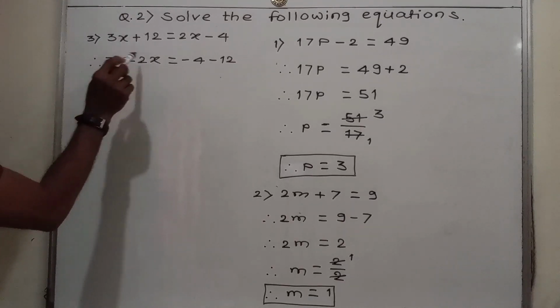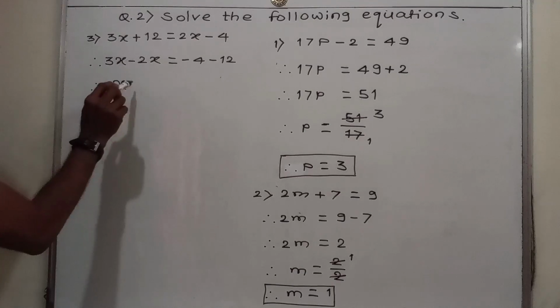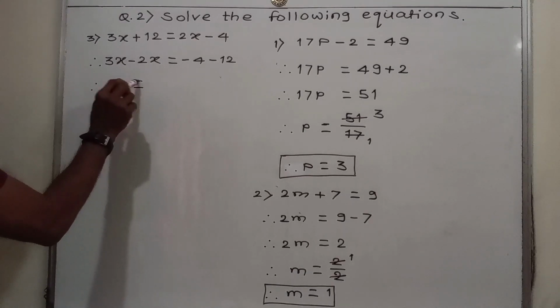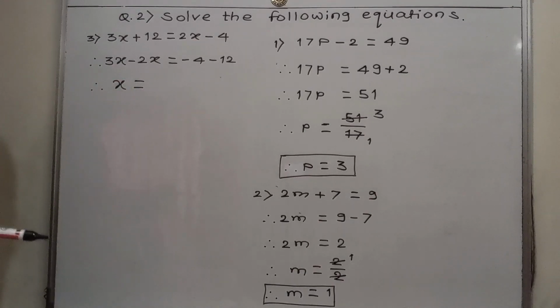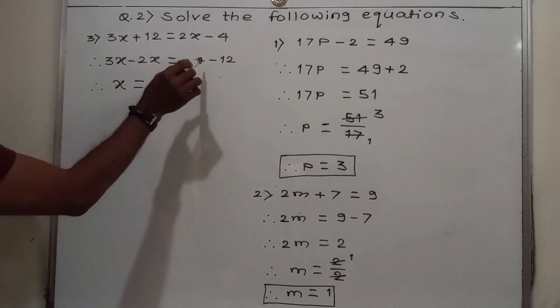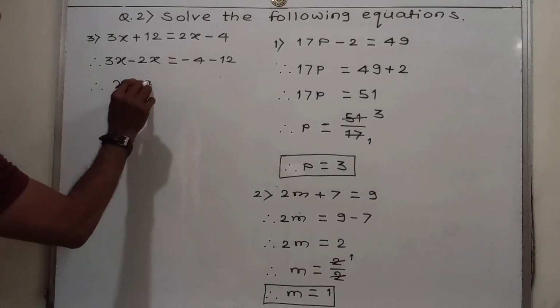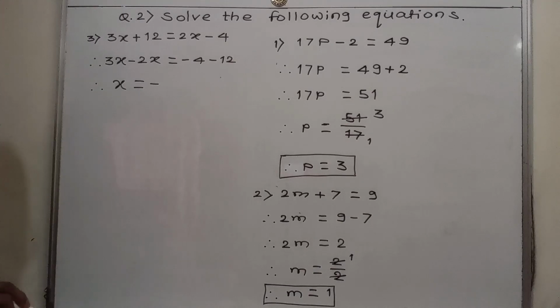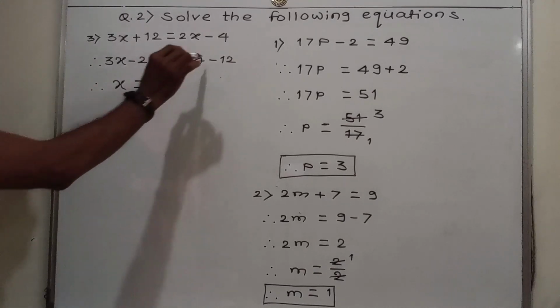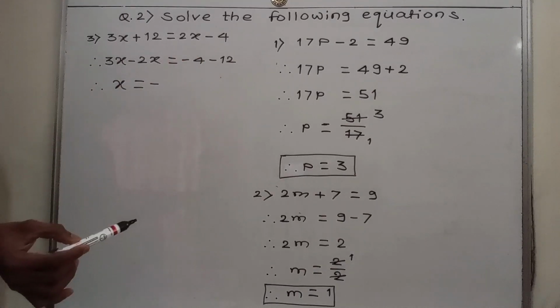Therefore 3x minus 2x means 1x, but write x is equal to, both signs are same, give that same sign. Here no multiplication or division, here addition.